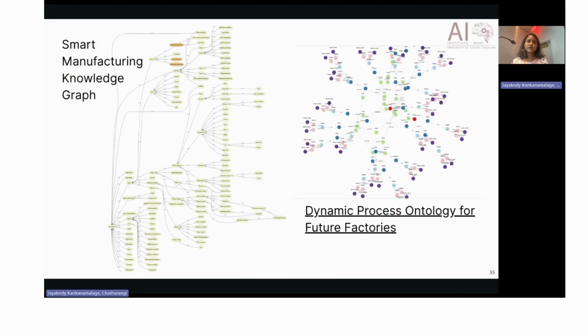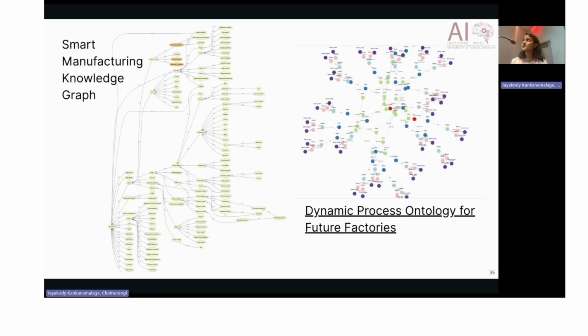In our lab, we have designed and developed our own knowledge graphs and ontologies for this particular dataset, which Ranjit was explaining, the Future Factories multimodal dataset. We have developed a smart manufacturing knowledge graph using this particular dataset and the factory involved.